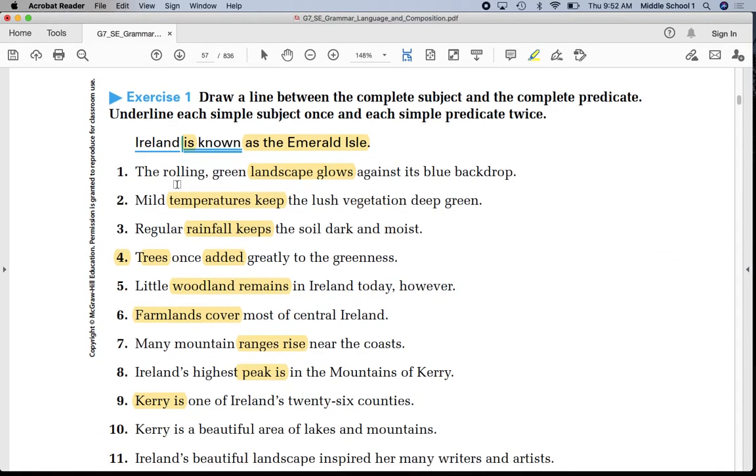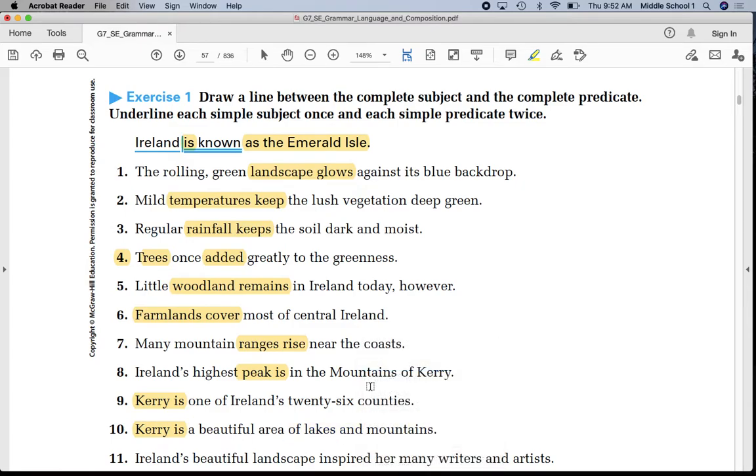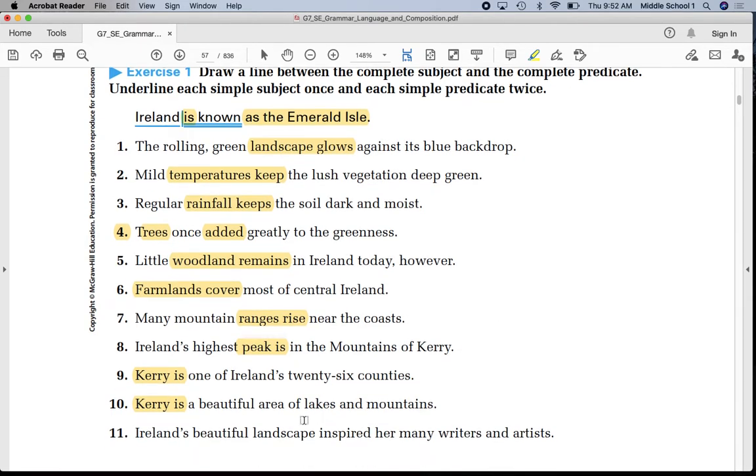The same thing is true with number 10. Kerry is a beautiful area of lakes and mountains. Kerry once, is twice. Line in between Kerry and is. Again, I noticed the prepositional phrase of lakes and mountains. That really takes a lot of other words away from the sentence that I cannot select.